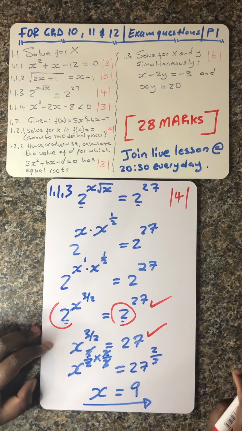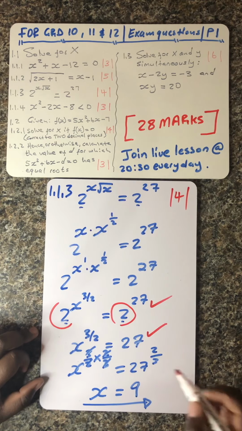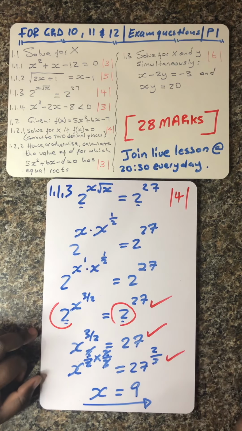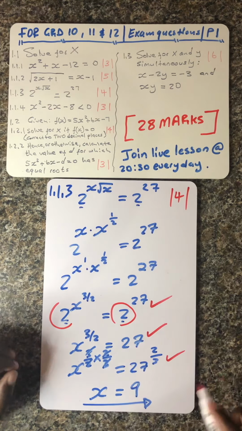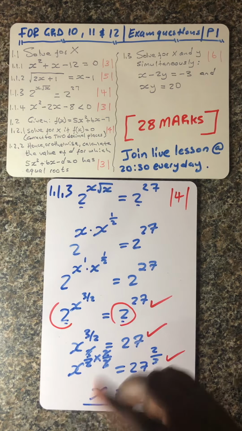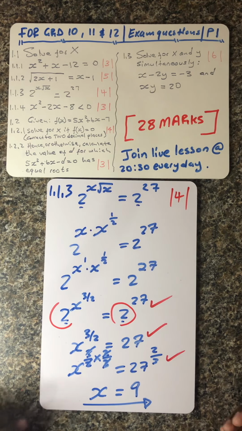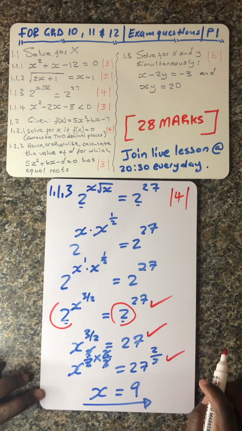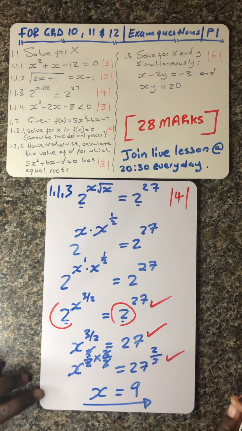The other step, guys, you get by multiplying by the reciprocal of that exponent. The reciprocal is just you swapping the positions. You swap the denominator and the numerator. I think this is the numerator and this is the denominator. You can just confirm that for me. I forgot which one it is.